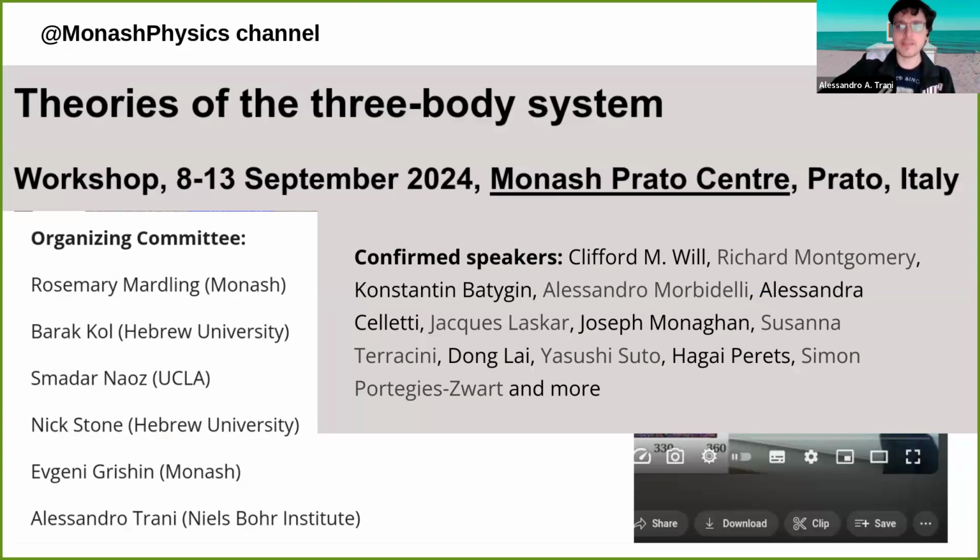We will have relativists like Cliff Will, mathematicians like Richard Montgomery, who is the one who first characterized the figure-8 solution of the three-body problem, Konstantin Batygin, proposer of Planet 9 in the solar system, and Nicholas Stone, the professor who started the whole statistical approach to the three-body problem. Okay, with this I finish.